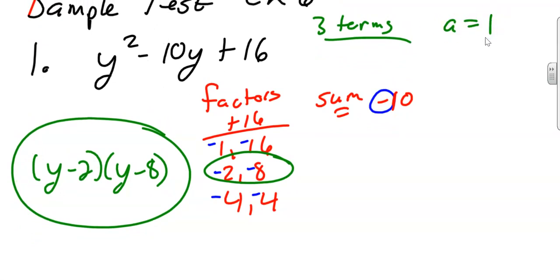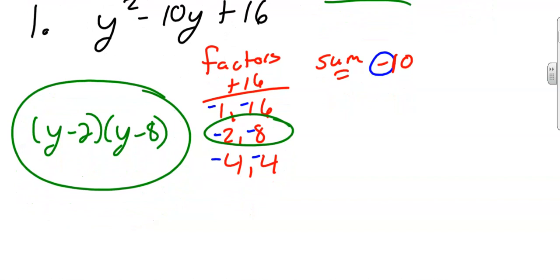Okay. So as long as the A term is 1, it's just that straight shortcut. We don't have to worry about any bottoms up or anything else. Question number 2, it has 4 terms, but again, they tell you it is factor by grouping, so there's no real doubt about what you're doing with this one.